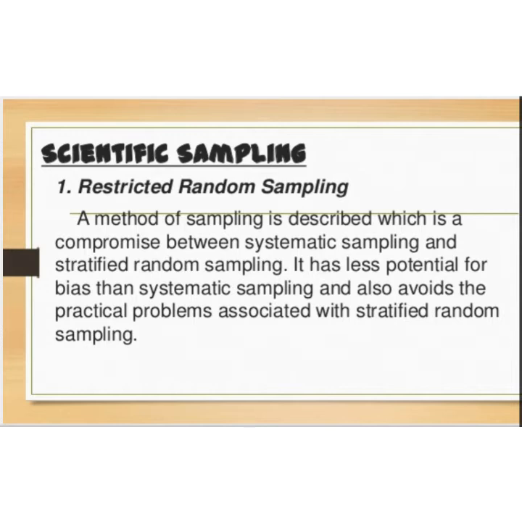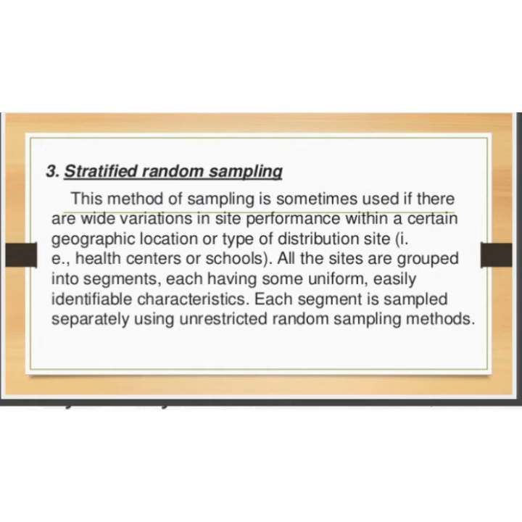So if we talk about stratified sampling, this method of sampling is sometimes used if there are wide variations in site performance within a certain geographical location or type of distribution.